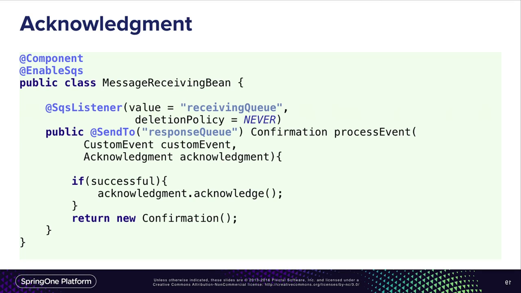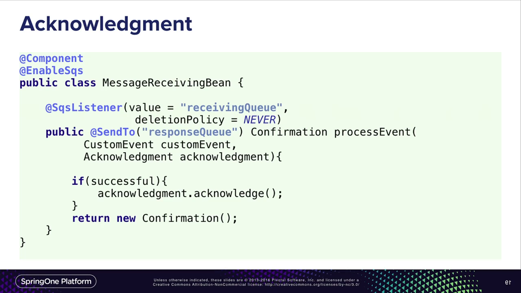That basically means I acknowledge a message myself. So I can do some business processing, and once I'm sure that this business processing is done, because I've written the message into a database or somewhere else, then I can acknowledge the message manually by myself. And this allows me to have some sort of transactional guarantees which I can use.